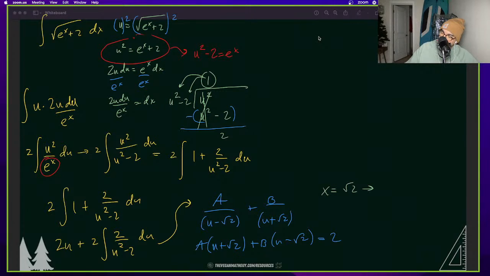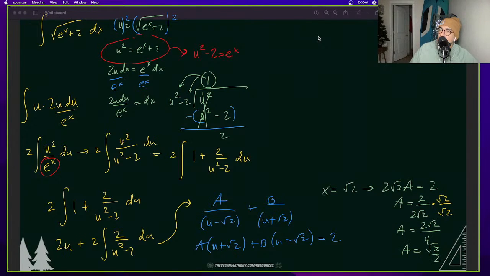So we're left with 2 root 2 a is equal to 2. That means that a is equal to 2 over 2 root 2. And I'm just going to multiply by the conjugate there. Again, if you guys catch a mistake here, because this just feels odd that this will be the answer, let me know, please. Okay, so this is 2 root 2 over 4, which is just root 2 over 2.